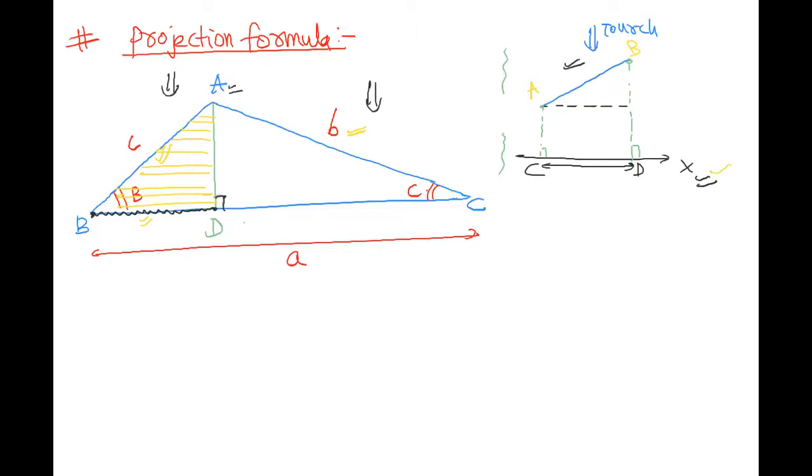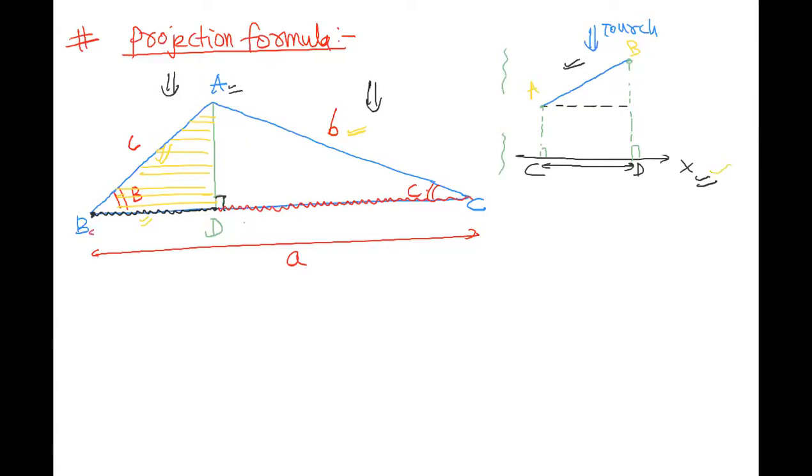Similarly, if I put the torch here, the projection of AC on side a will be this much, CD. So I just want to write this mathematically.